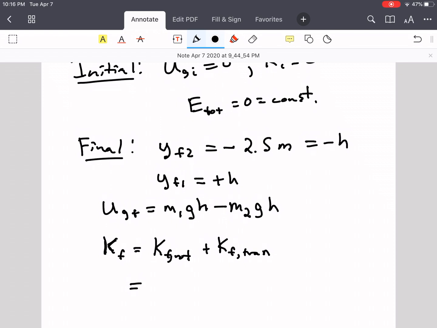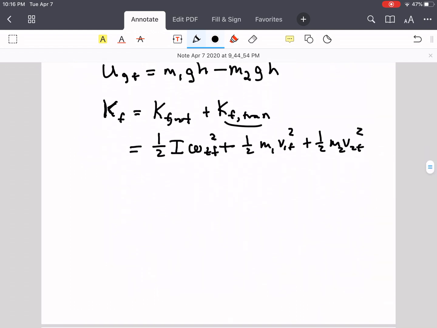They're not rotating. The pulley is rotating, and so it has kinetic energy 1/2 I times omega z squared. Similarly, blocks 1 and 2 are just translating, so they have kinetic energies 1/2 m1 times v1 final squared, plus 1/2 m2 times v2 final squared.